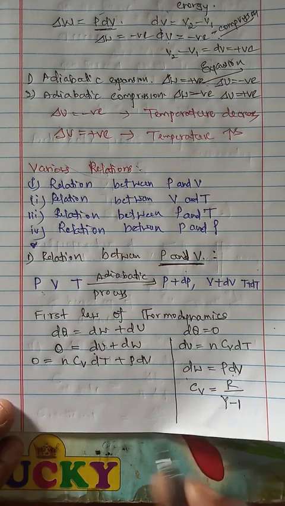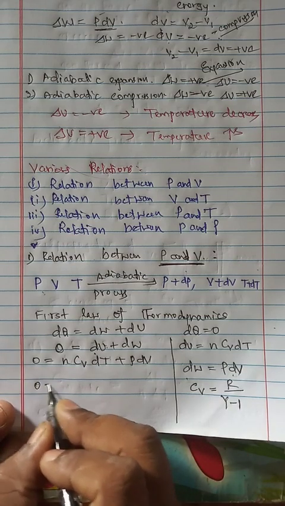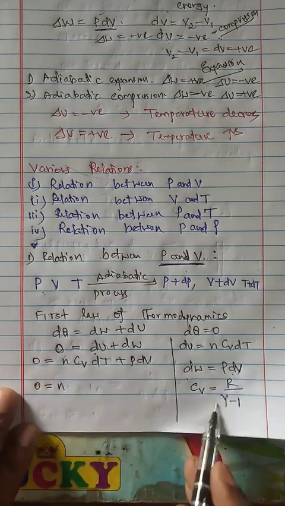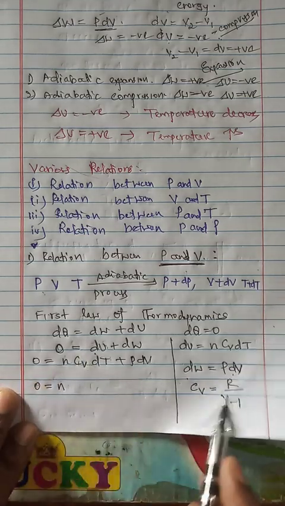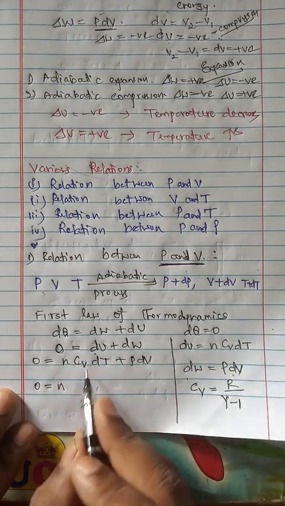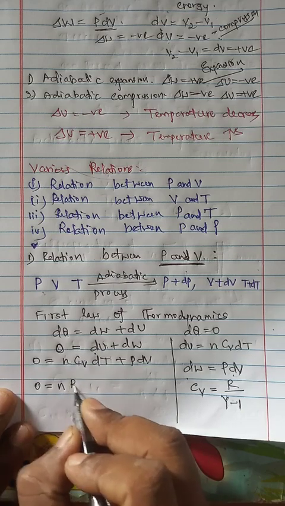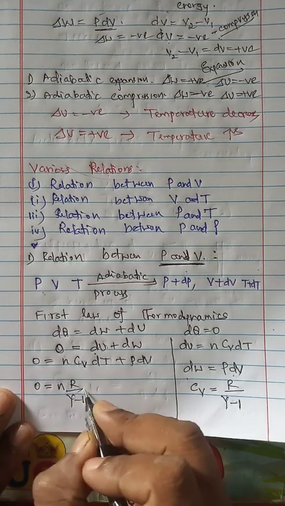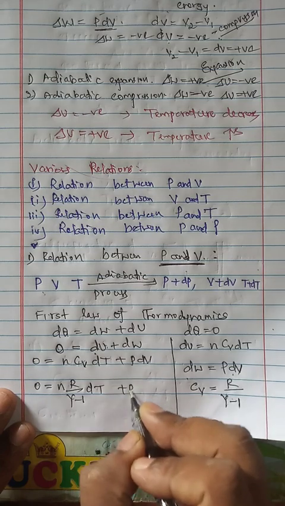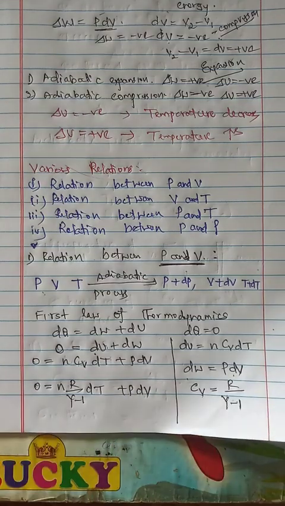Now substitute all the things here. Again you are getting 0 is equal to n, and Cv, which we already know, is R divided by gamma minus 1, dT plus P dV. This is what we are getting.